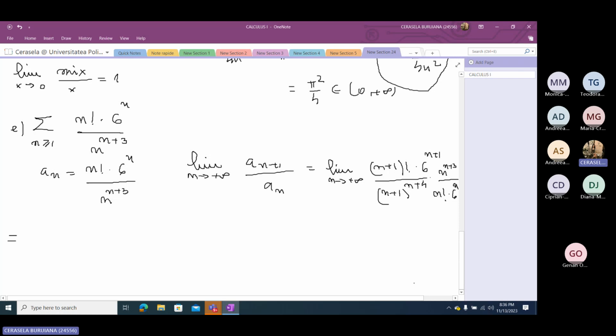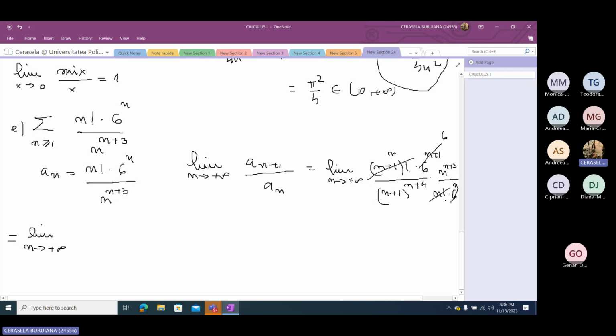So we get, what we get here. I will simplify by 6 power n. Just a second. So 6 power n, it remains only 6. n factorial also will be reduced.